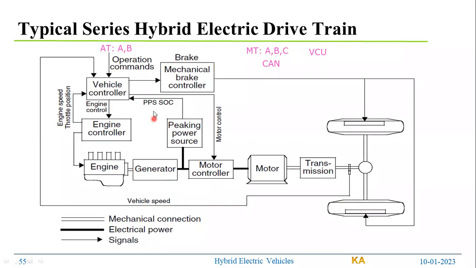And in the third case, if the battery is not able to support the SOC, then the vehicle controller asks the engine controller to drive the vehicle in pure engine mode. And it always takes the speed feedback to the vehicle controller, as well as the motor feedback to the motor controller, to control the speed. Overall, whatever the instruction, the motor control will be done in the inverter.